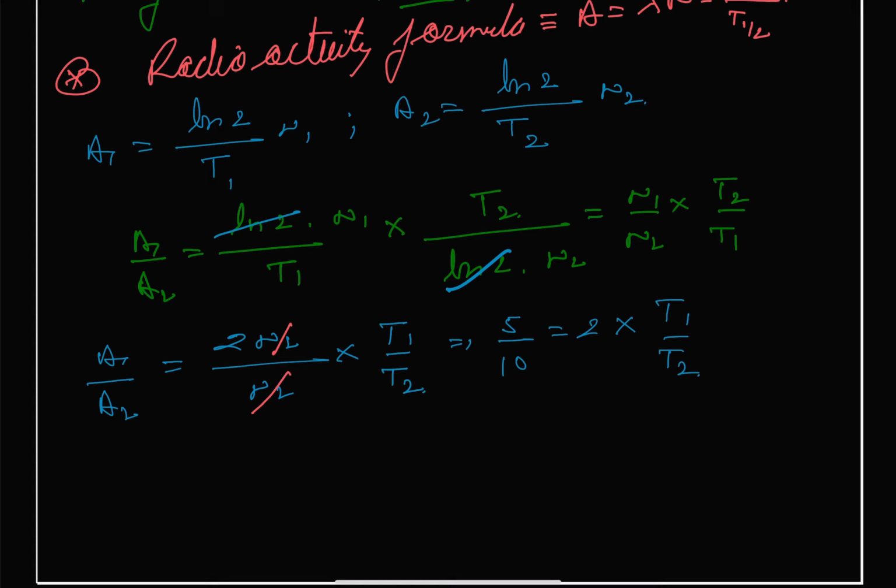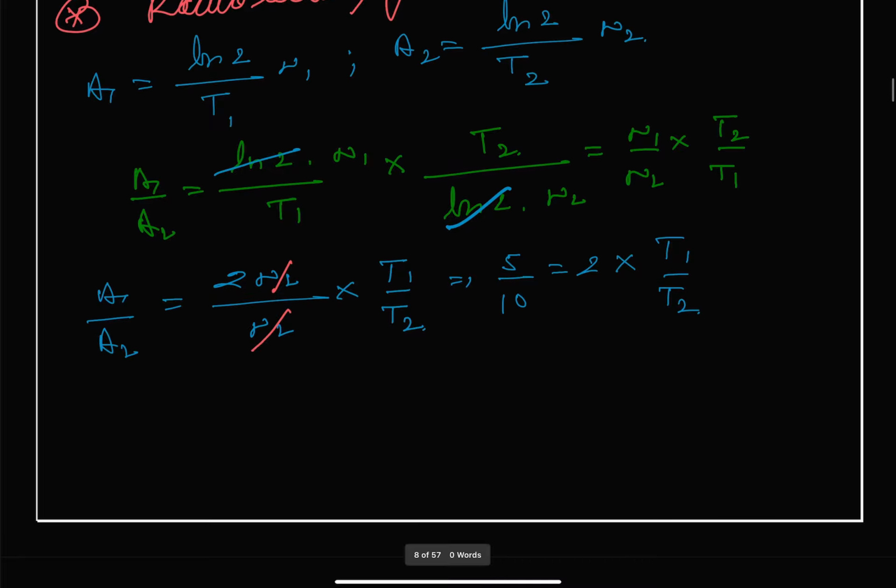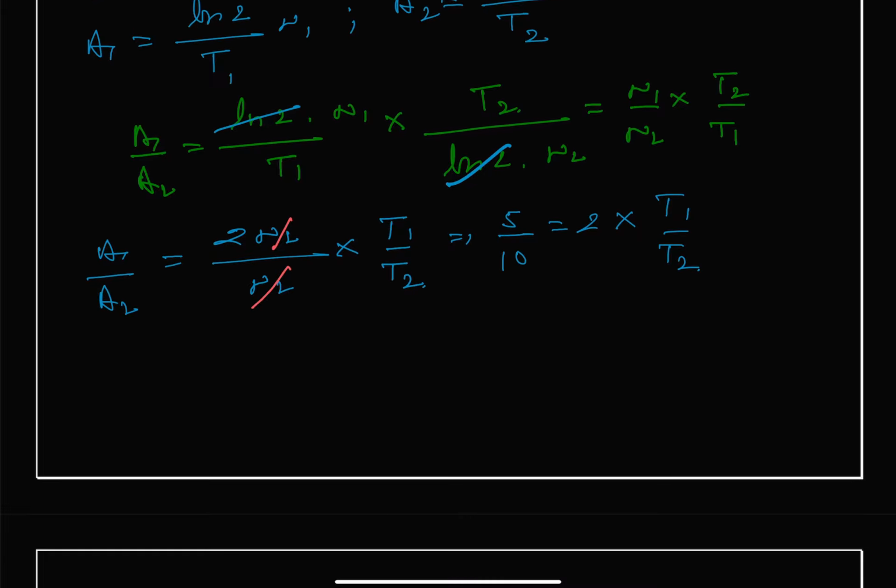So we get this as T1 upon T2, or we can just also cancel at this 10 goes by 2. So we get T2 is equal to 4 times T1.